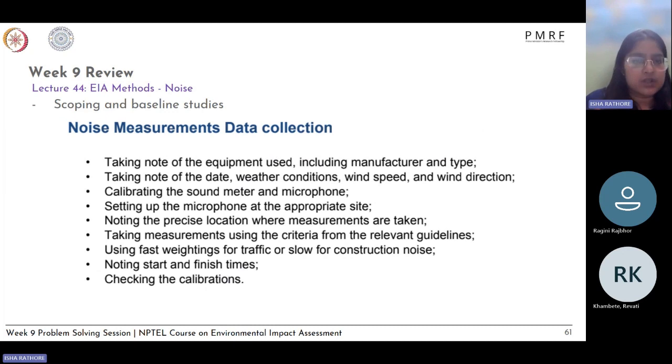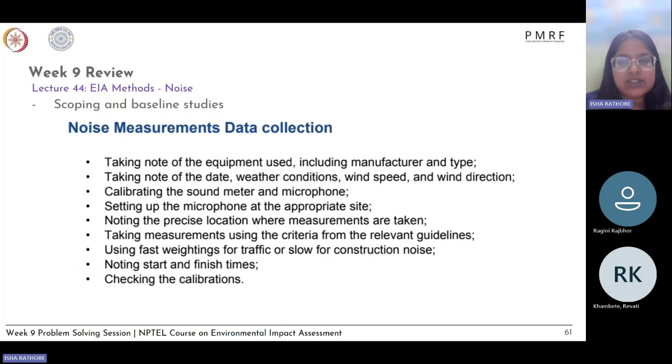Then, how to do noise measurement data collection. First you determine what equipment needs to be used, and you get familiar with that equipment. Then take note of the date, weather conditions, wind speed, wind direction, so you consider meteorological conditions. You calibrate the equipment, the sound meter and microphone, set up the microphone at the appropriate site, and calculate the distance from the noise source where measurements are taken.